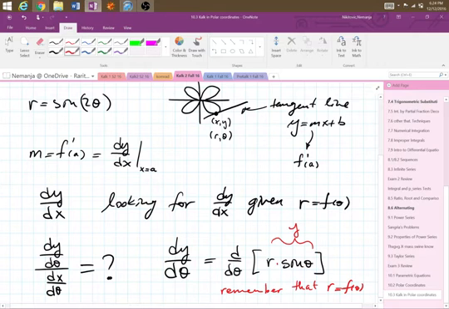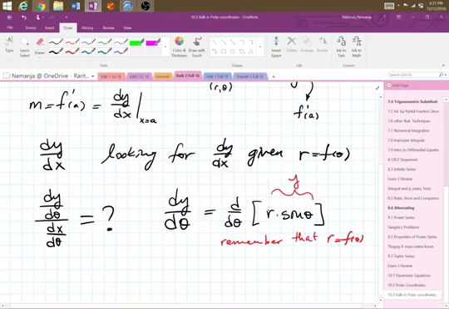Because the derivative of y with respect to theta is the derivative of dy, and y is r times sine theta, and r is the function of theta. So you have function of theta times sine theta. And for the dx, you will have r times cosine theta, which is again a product rule. So we plug all of this in to get the formula.